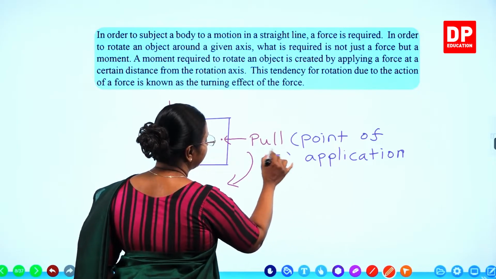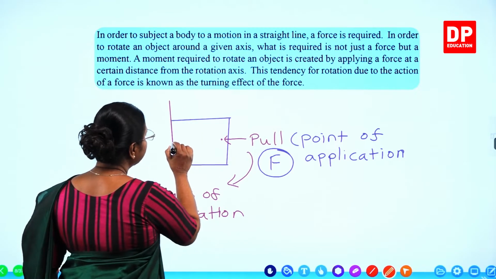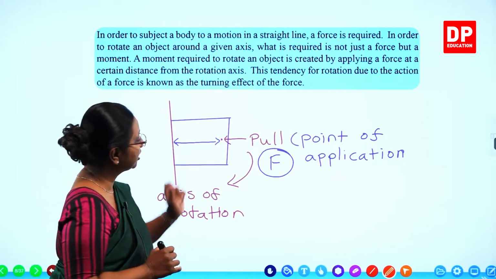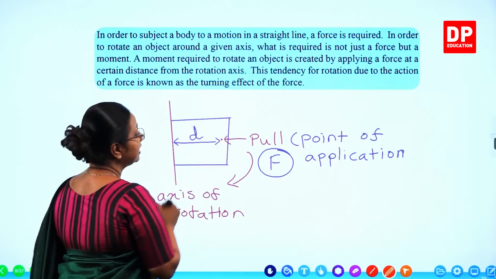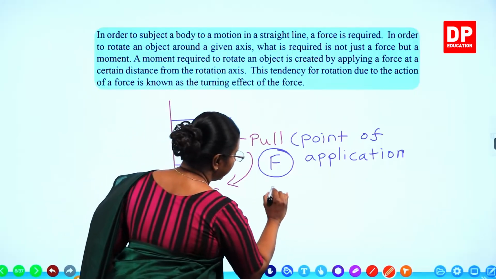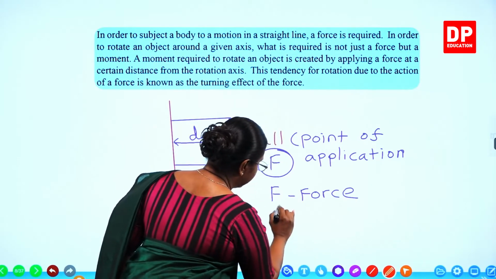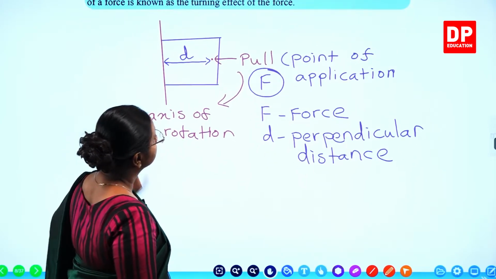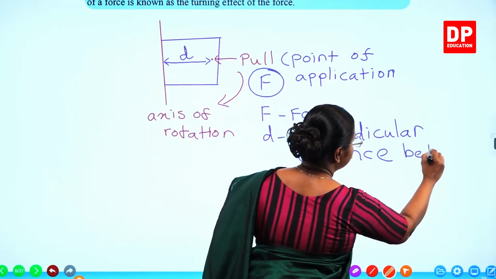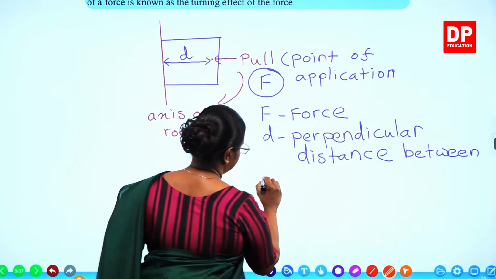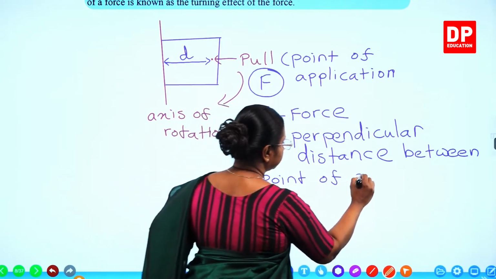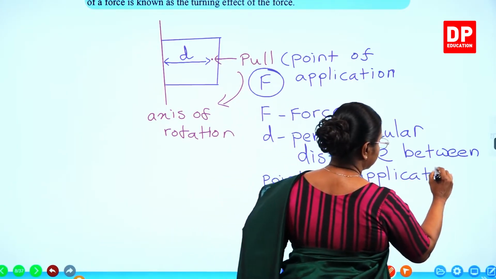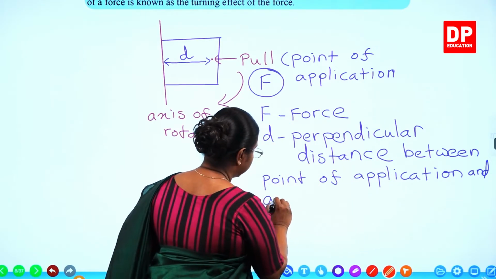And for this force, we have a magnitude F, and the perpendicular distance between the axis of rotation and point of application of force, let's say this is D. So here F is force and D is the perpendicular distance, that is, the distance between point of application and axis of rotation.